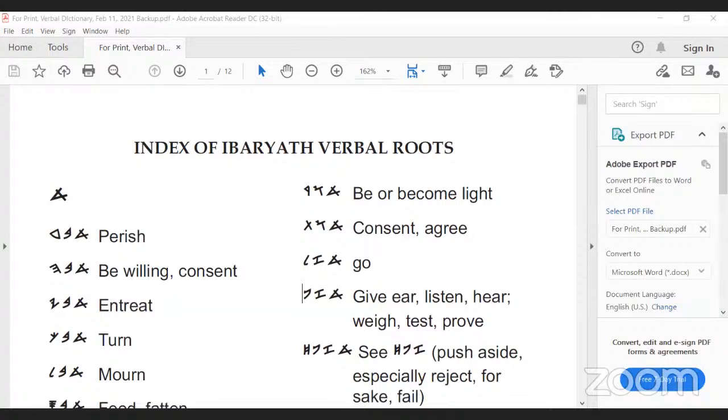And for those of you who are or who have been scholars at Zion Law School, you'll know exactly what you're looking at. These are verbal roots, and this would be the meanings, okay? The meanings as they are supposed to appear with verbal roots.